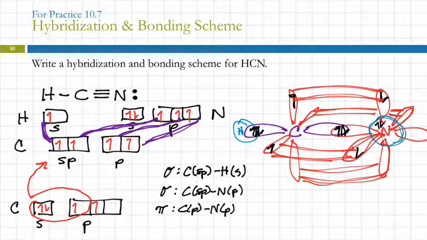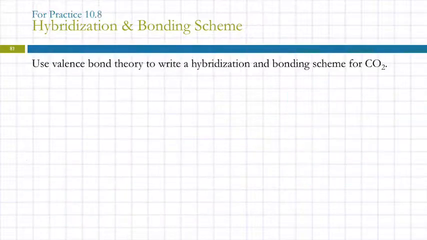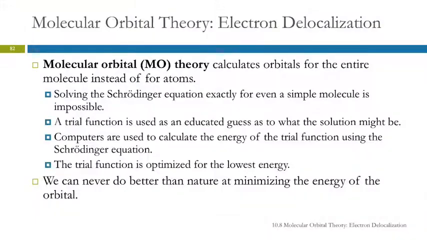Yes? Can I do an example with a charge and a lone pair? You mean like the ammonium? Or like ClF4 plus? Yes, you just throw in an extra electron. I can. Let's see if I have one of those.